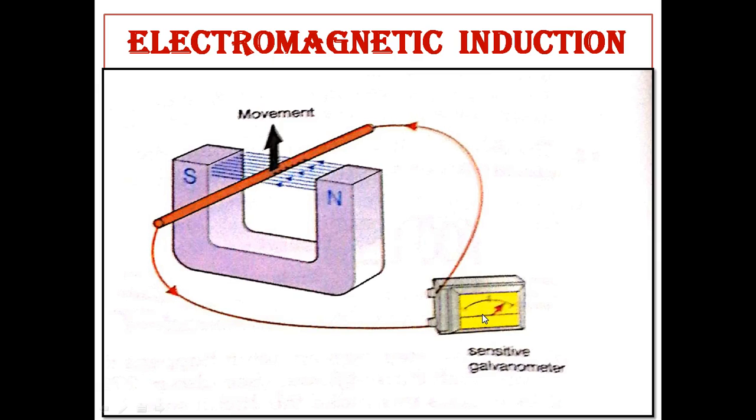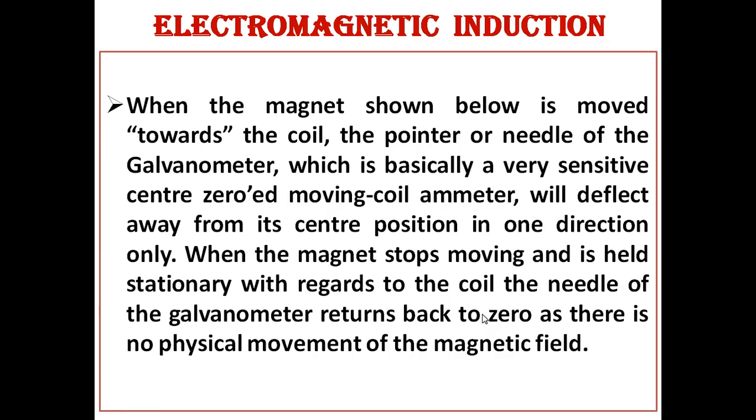When the magnet shown in this diagram is moved towards the coil, the pointer or needle of the galvanometer, which is basically a very sensitive center-zeroed moving coil ammeter, will deflect away from its center position in one direction only. When the magnet stops moving and is held stationary with regards to the coil, the needle of the galvanometer returns back to zero, as there is no physical movement of the magnetic field.